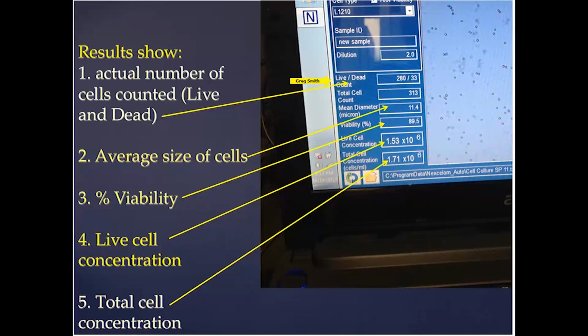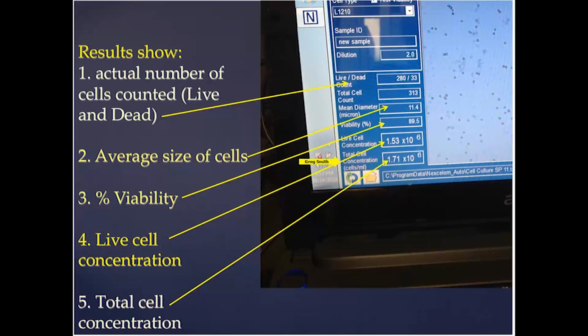So it takes a reading and gives you the diameter of cells in microns. The next piece of information that you get is the percent viability, and that is calculated taking the live cells and the total cells, and then you actually get how many cells percentage-wise are viable from a total number. And then finally you get two numbers that are important, the live cell concentration and the total cell concentration, and that of course includes live and dead cells.